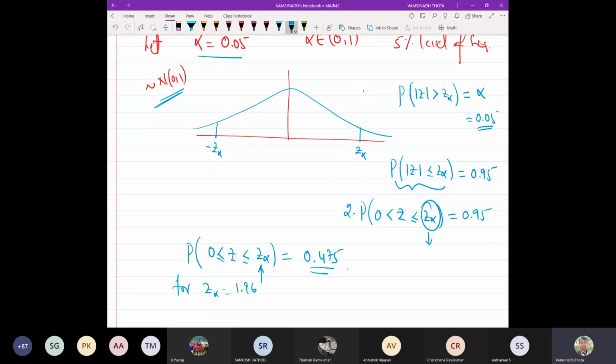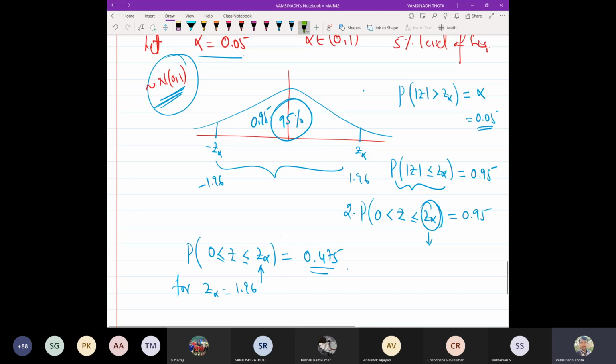This is particularly when the test statistic follows the standard normal distribution. Remember that is very important. It is not true for all distributions. It is true for a test statistic which follows the standard normal distribution. So basically, from minus 1.96 to 1.96, it will occupy 95%, that is 0.95.